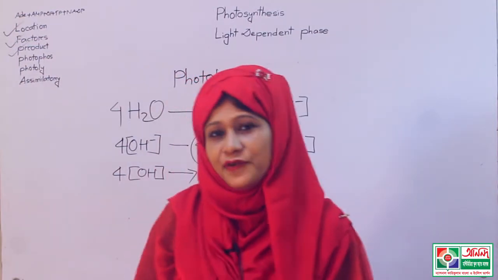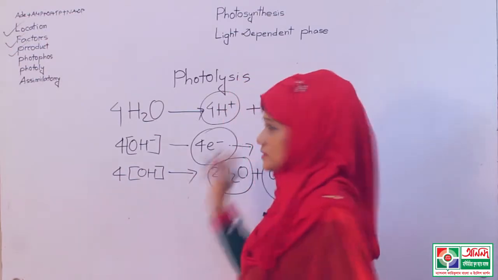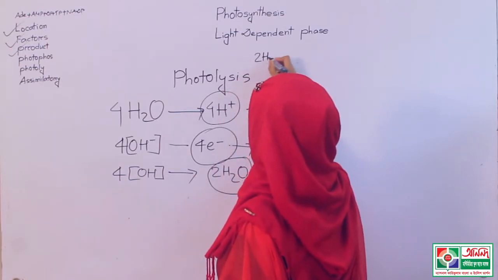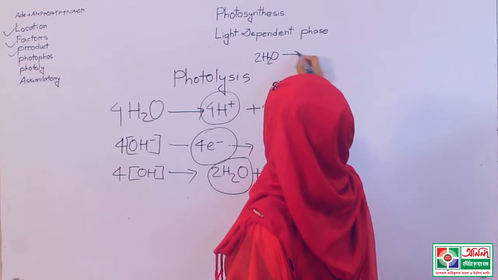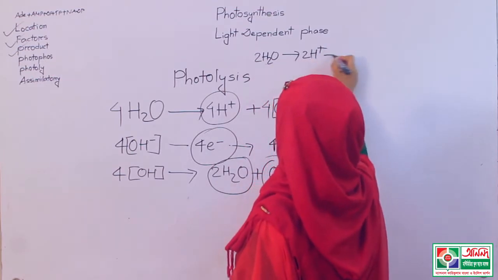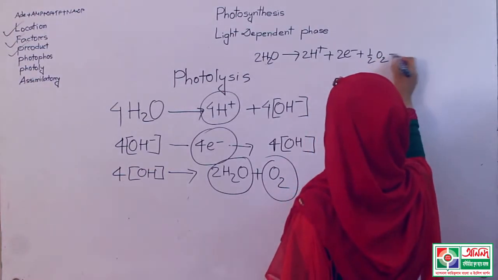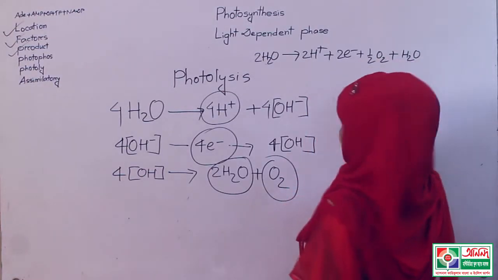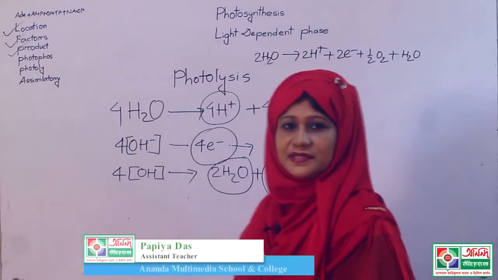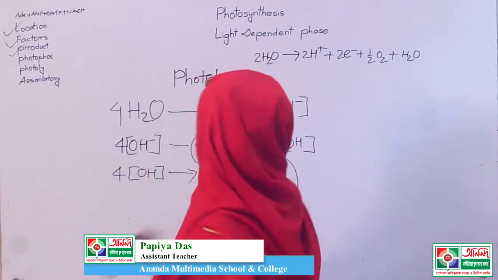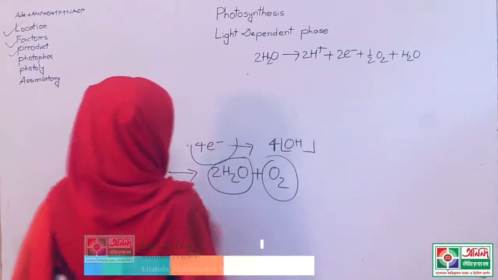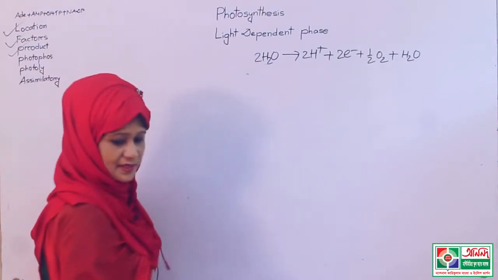Students, if we take 2 molecules of water, what happens? This is 2 molecules of water. Then we will get 2H plus 2 electron plus half oxygen and 1 molecule of extra water. Okay, students? And if I consider a leaf, what happens?